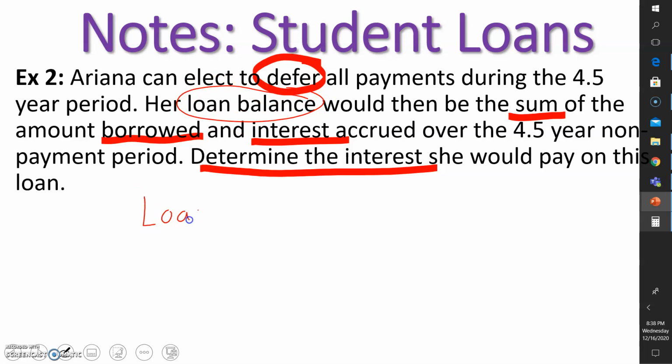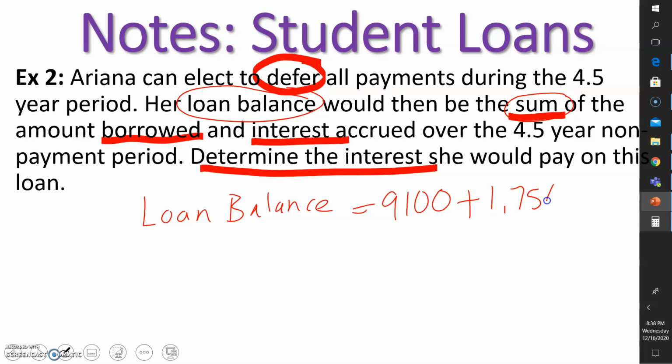What is her loan balance? According to what we see here, the loan balance is the sum, which means add, of the amount borrowed, which in this case is $9,100, and the interest accrued, which we got in the previous example. And that was $1,756.76.